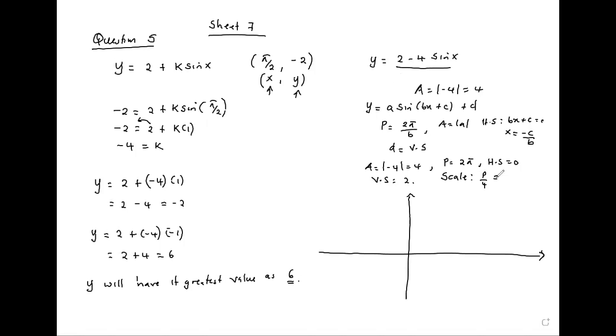So the period is 2 pi. So we divide 2 pi by 4, giving us pi over 2. So that from 0, you go to pi over 2, which is our scale, and add pi over 2, you get pi. Another pi over 2, you get 3 pi over 2. Another pi over 2, you get 2 pi. You don't go beyond 2 pi because that's your period.